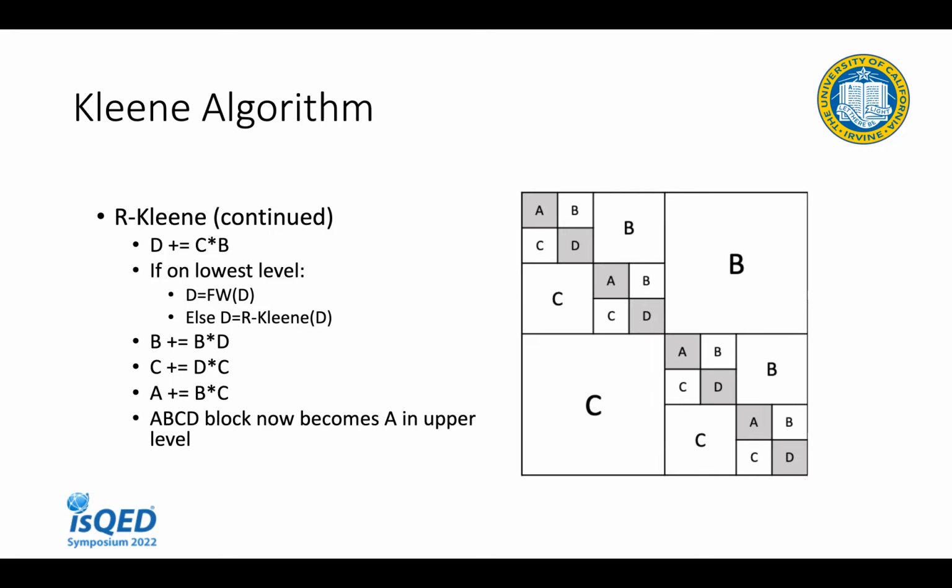And then we perform the reverse operation. So we update the adjacent blocks on the same level, B, C, and A, using matrix multiplication. And now we have a computed block that will become a new block A on the upper level. And then we repeat this operation recursively.